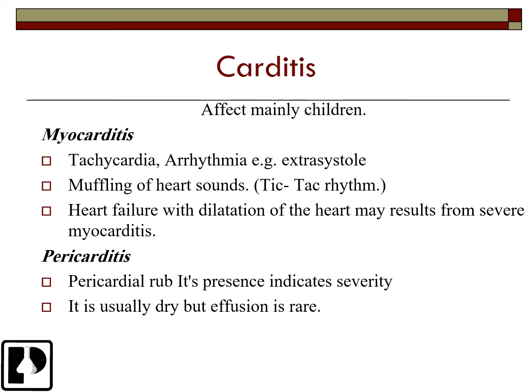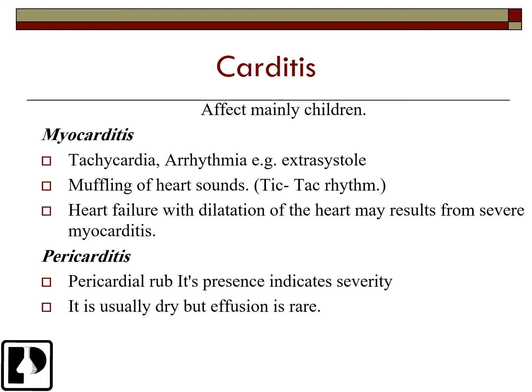So this patient will have tachycardia and arrhythmia, which means abnormalities in the heart rate, for example extrasystole, and muffling of the heart sound, what's called tic-tac rhythm. Because the muscle is inflamed, the normal sound of the heart, lub-dub, lub-dub, changes to what's called tic-tac rhythm.